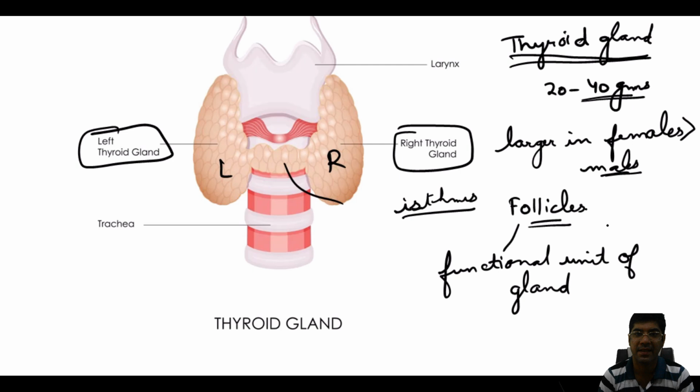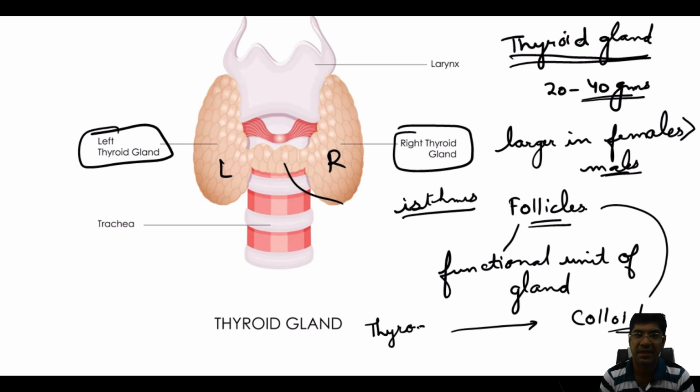Inside the follicle there is a gel-like substance known as the colloid, which is made up mainly of thyroglobulin, a precursor to the thyroid hormone.